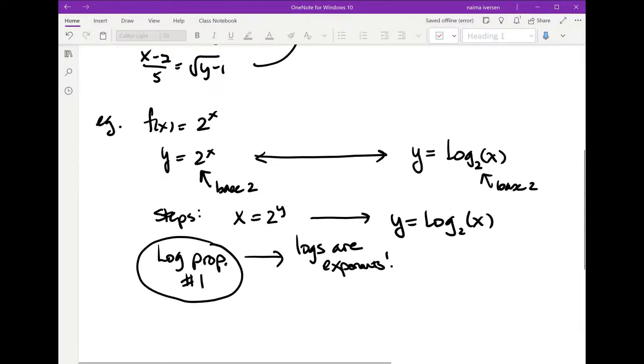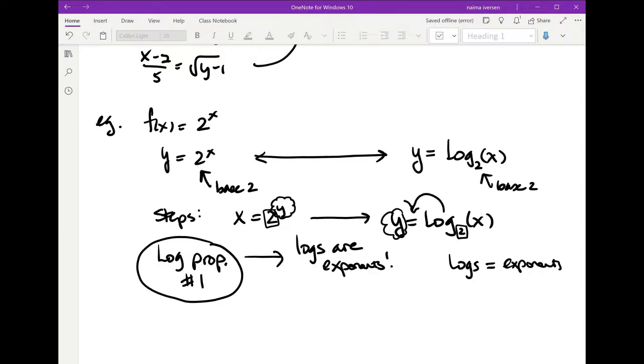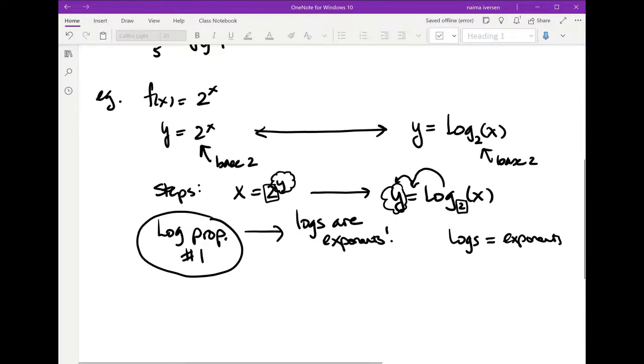Logs are exponents. What I mean by that is that you've got this base, but the y is the exponent on this thing. And that's what the log gives us. Logs equal the exponent that you're dealing with.